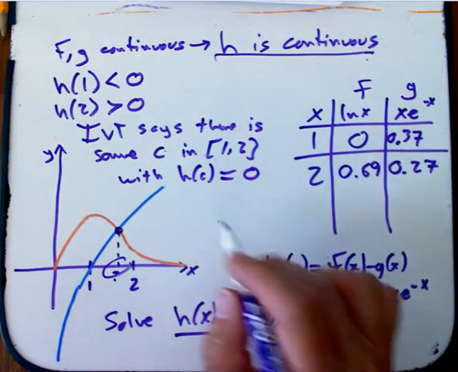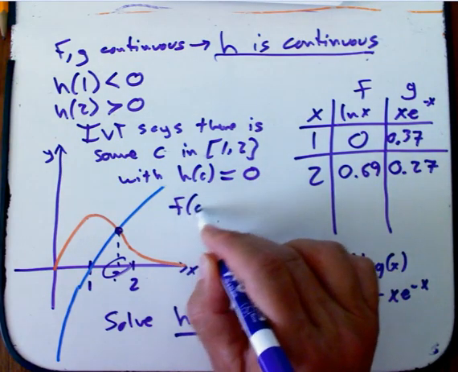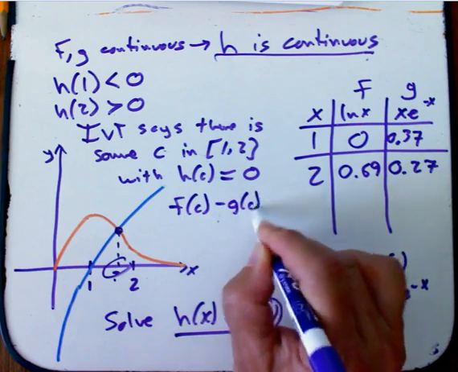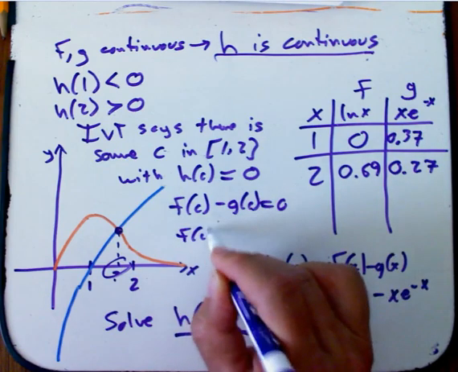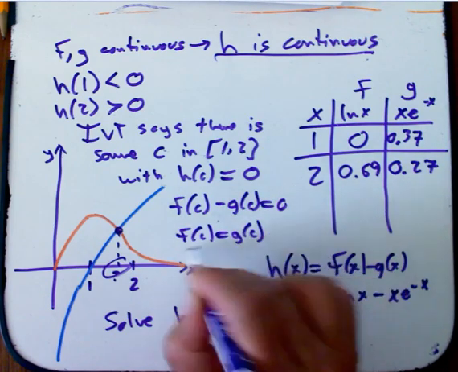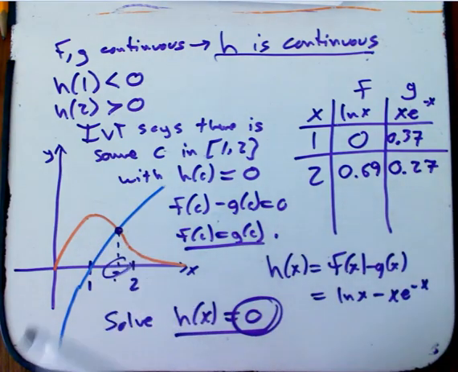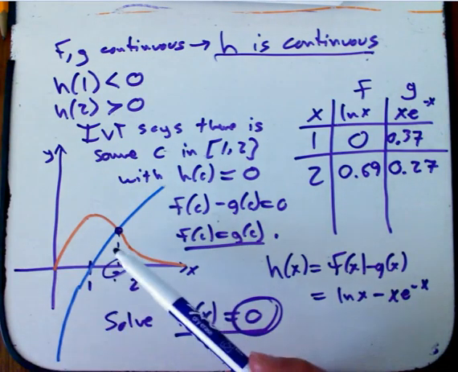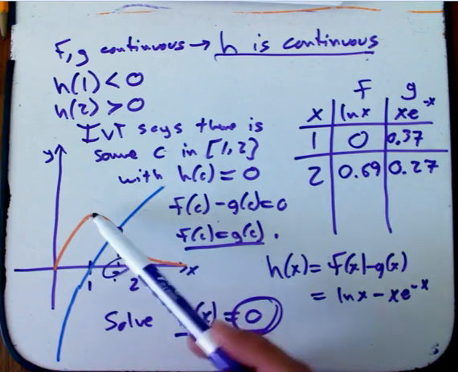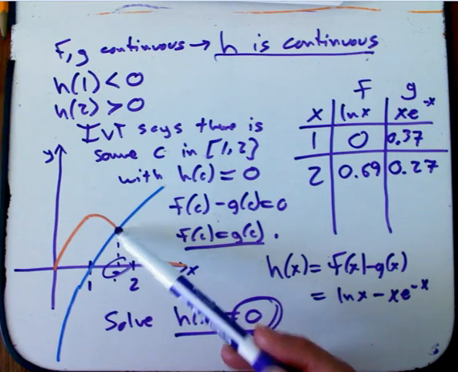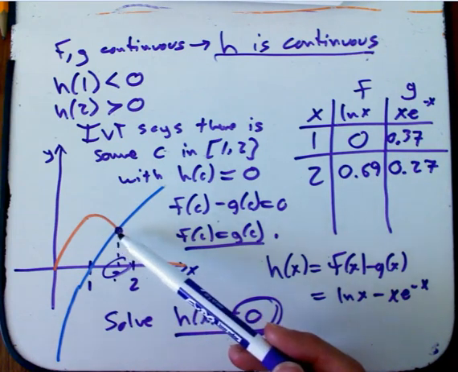And what does that really mean for us? It means that f of c minus g of c equals 0, or in other words, f of c equals g of c. So that just confirms really carefully what it looks like graphically, that it really does seem like there's a solution here, and we've confirmed, yes, there really must be.